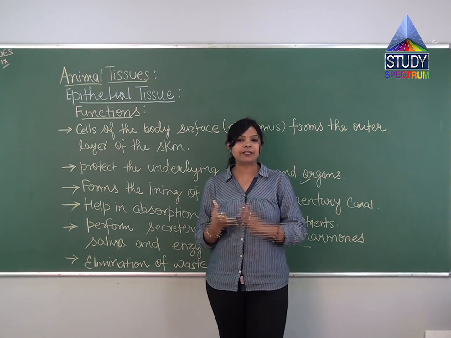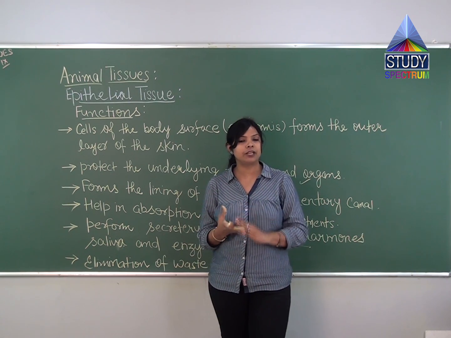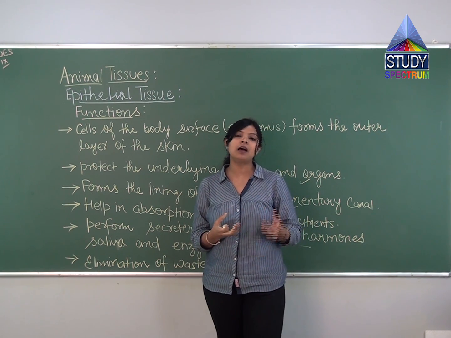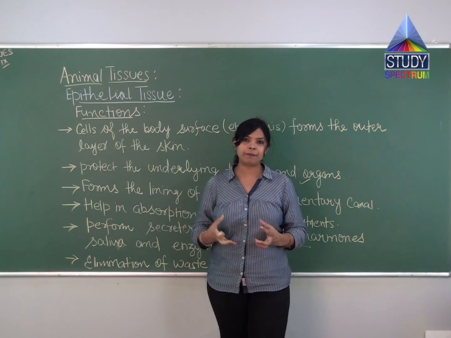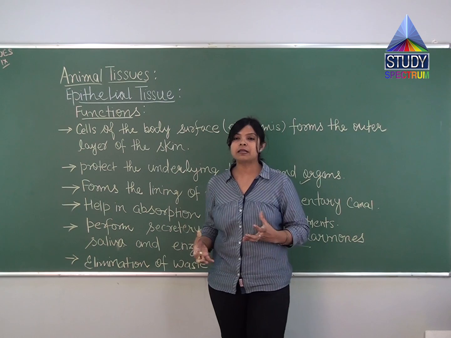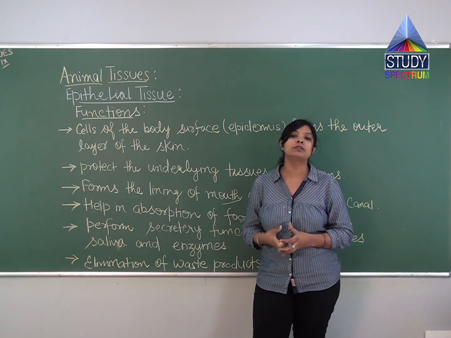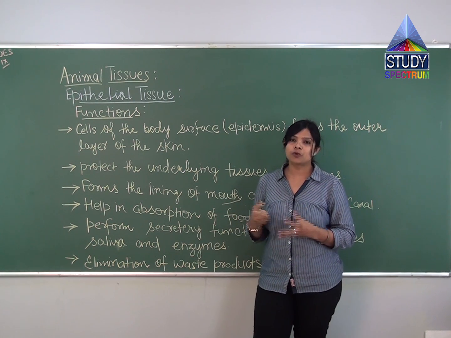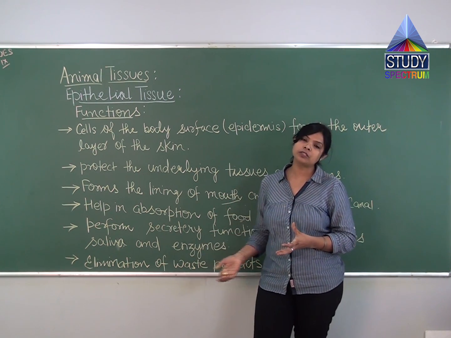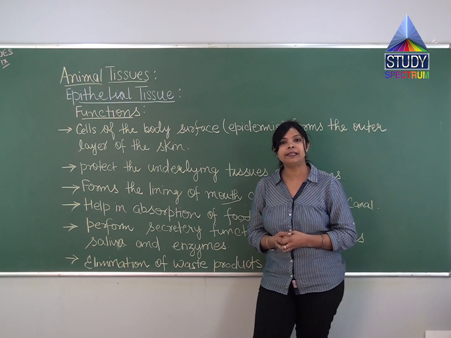So it helps in the regulation and exchange of materials between the body and external environment, and between different parts of the body. So this is about the function of epithelial tissues. Now again, epithelial tissues are of different types, so we are going to discuss those types of epithelial tissues.